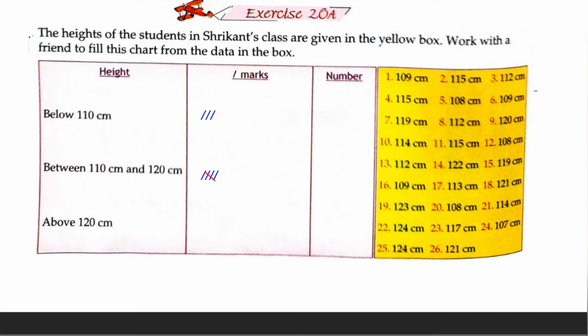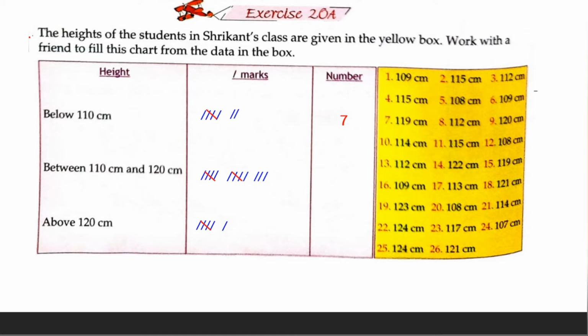And likewise we are going to do that. Okay, 120, 114, 115, 108, 112, 122, 119, 109, 113, 121, 123, 108, 114, 124, 117, 107, 124 and 121.